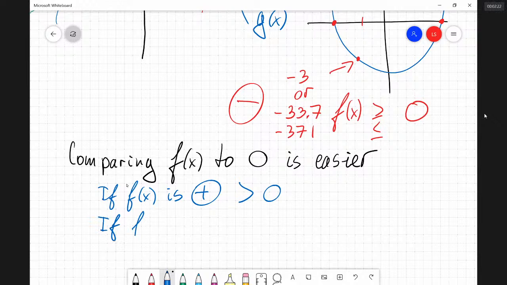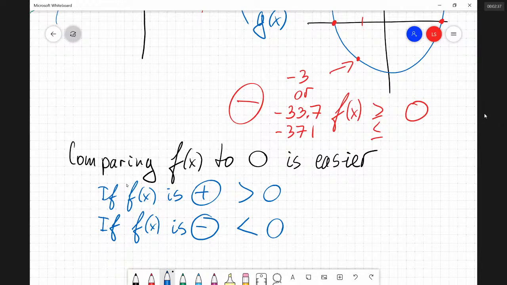If your function value is negative, well, then you know negative is less than 0. Don't care if it's -7 or -7,000, you know it's less than 0. So it's a much quicker process.